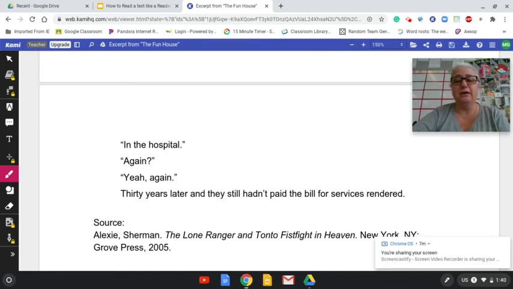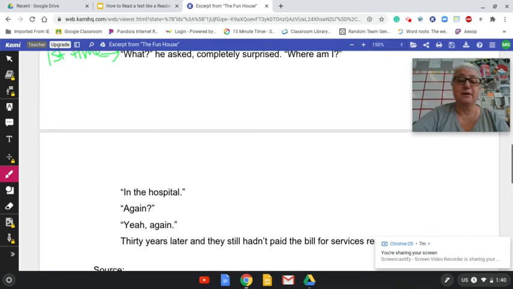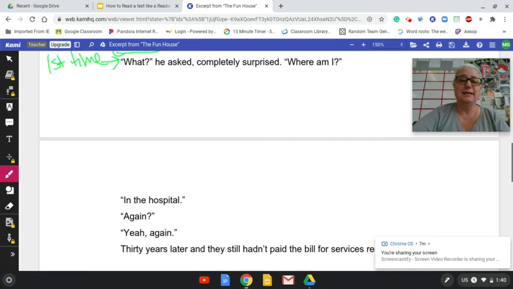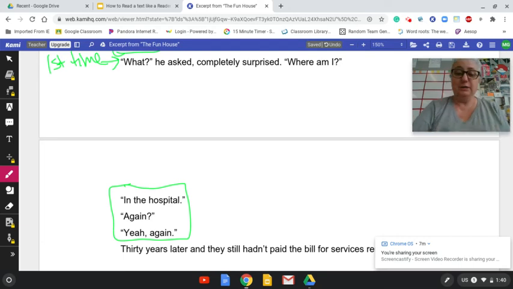"Thirty years later, and they still hadn't paid the bill for services rendered." This little bit right here tells us so much using so few words. So you've got Alexie using dialogue, but using very few words in this dialogue to communicate so much.